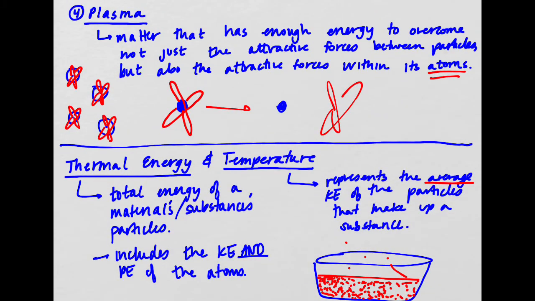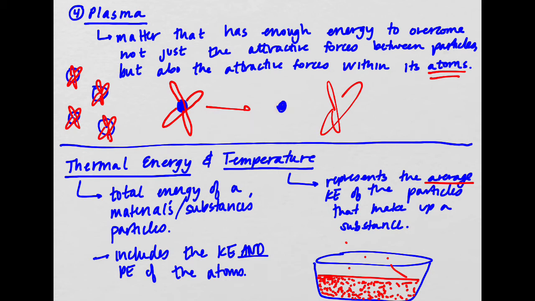All right. Our fourth state of matter is plasma. Remember that plasma is matter that has high enough energy to overcome not only the attractions between the atoms, like how gas has enough kinetic energy to overcome the attractions between the atoms, but plasma gets so much kinetic energy that not only are the atoms not attracted to each other, but it actually breaks the electrons away from the atom.